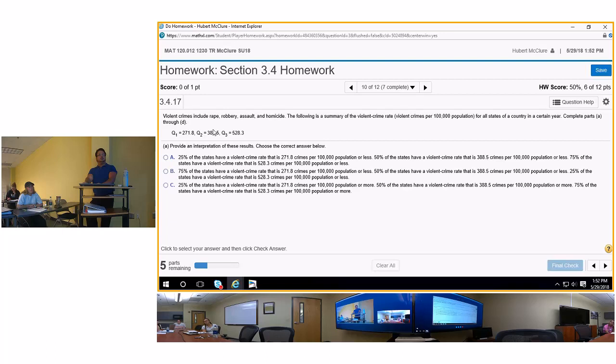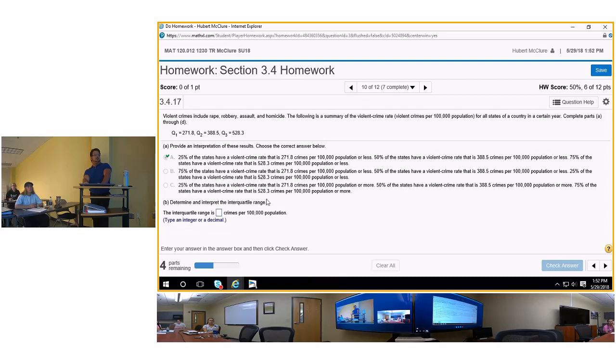That's right there, 50%. 75% of the states have a violent crime rate that is 528 crimes per population or less. So that looks good. 25% of the states have a violent crime rate that is 255 or more. No. I think it's A. Okay? I don't like that question. It's confusing. Let's see what it says next.